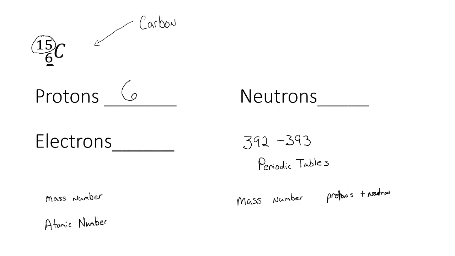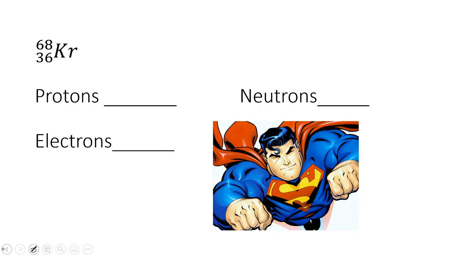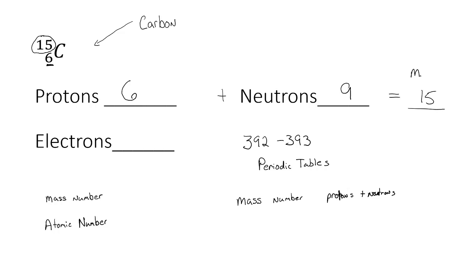So how many protons do we have? 6. So we are going to have 9 neutrons, because 6 plus 9 equals 15, which is the mass number.